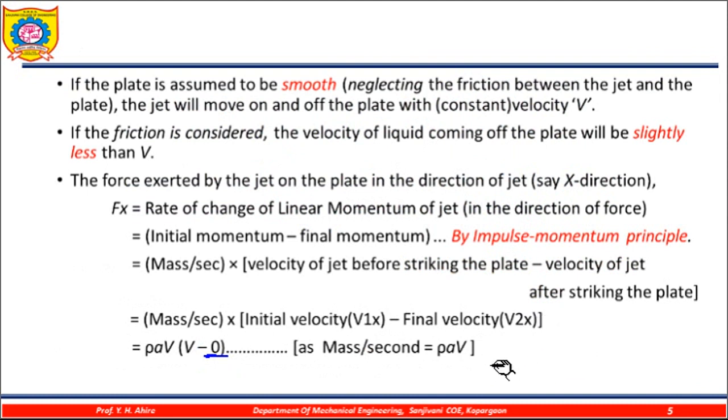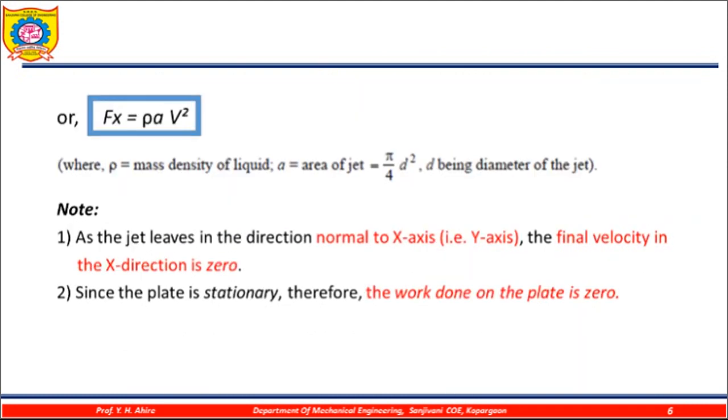V2x is 0, therefore Fx becomes equal to rho A V squared. This is the formula for the impact of a jet on a stationary flat plate which is perpendicular to the jet.